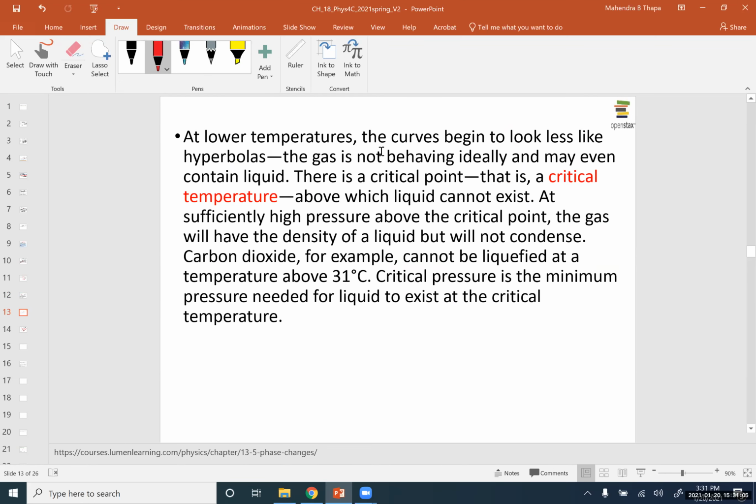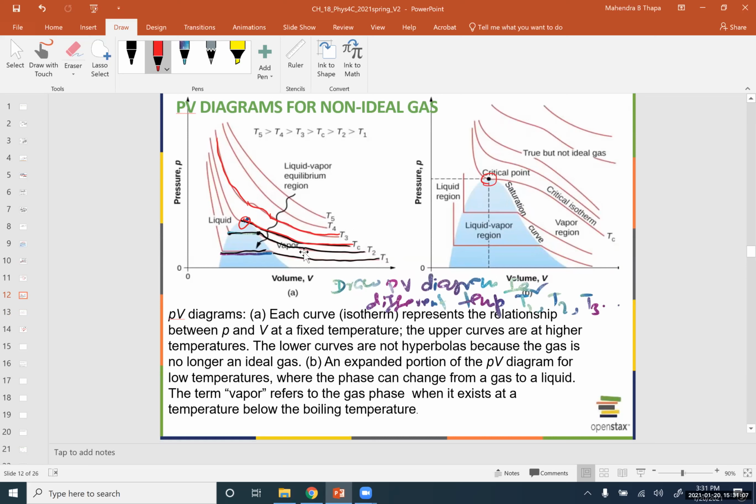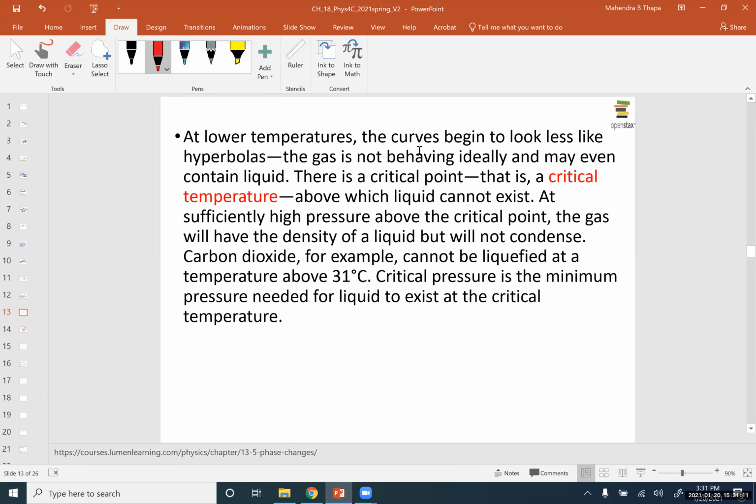At lower temperatures, in this plot T1, T2 and so on, the curve begins to look like a hyperbola, just like the PV curve for a real gas. The gas is not behaving ideally and may even liquefy. There is a critical point, the critical temperature above which liquid cannot exist.